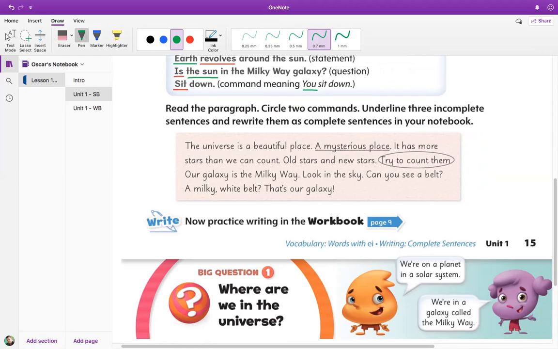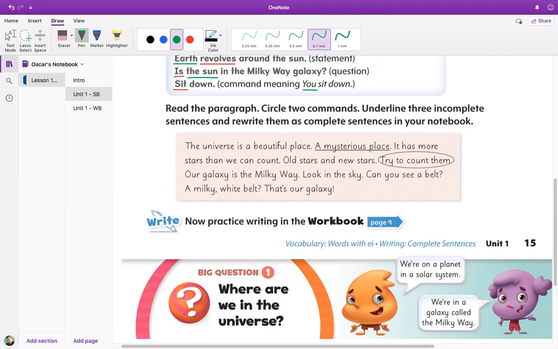So the directions are: read the paragraph, circle 2 commands, underline 3 incomplete sentences, and rewrite them as complete sentences in your notebook. We will do this together. If you want, you can take a notebook and write down the sentences. And also, if you have the student book at home, you can take it and complete the exercises.